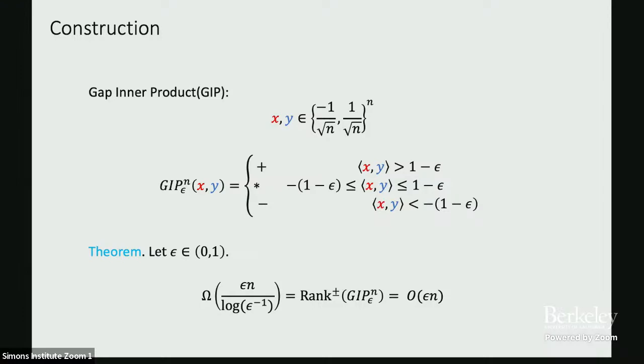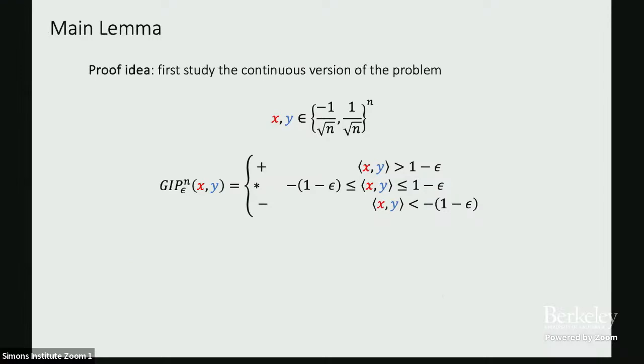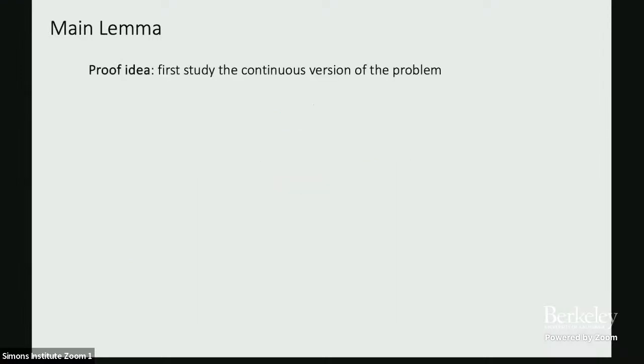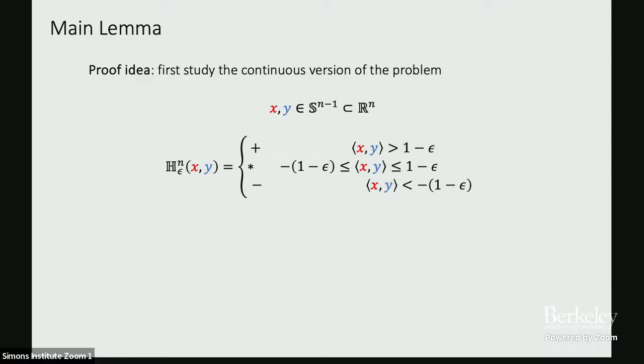So how do we prove this? We look at this continuous version. I look at all unit points on this sphere and define this infinite, S^(n-1) by S^(n-1), matrix, again in exactly the same way.